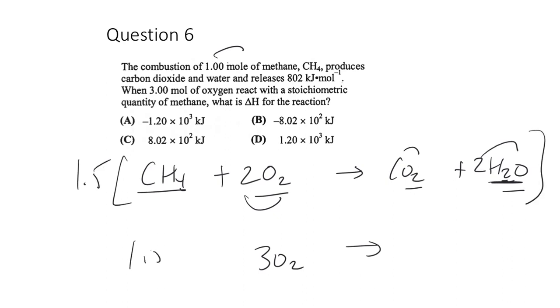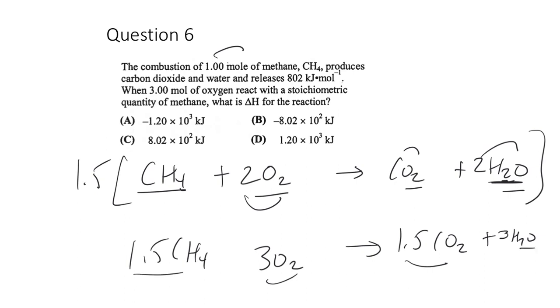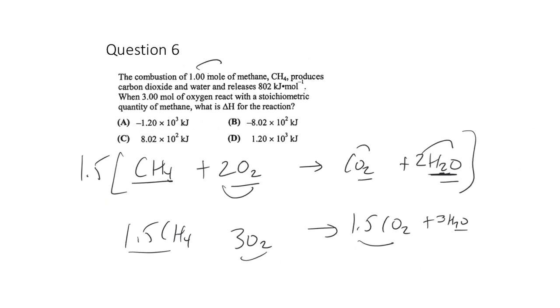So we'd have 1.5 CH4, and then we'd be producing 1.5 CO2, and then 3 H2O. We're still in balance, 6. It's 3 plus 3, so that's still 6. And then 1.5 carbons on both sides. 1.5 carbon atoms seems strange, but if you picture having 1.5 moles of carbon, it might make more sense.